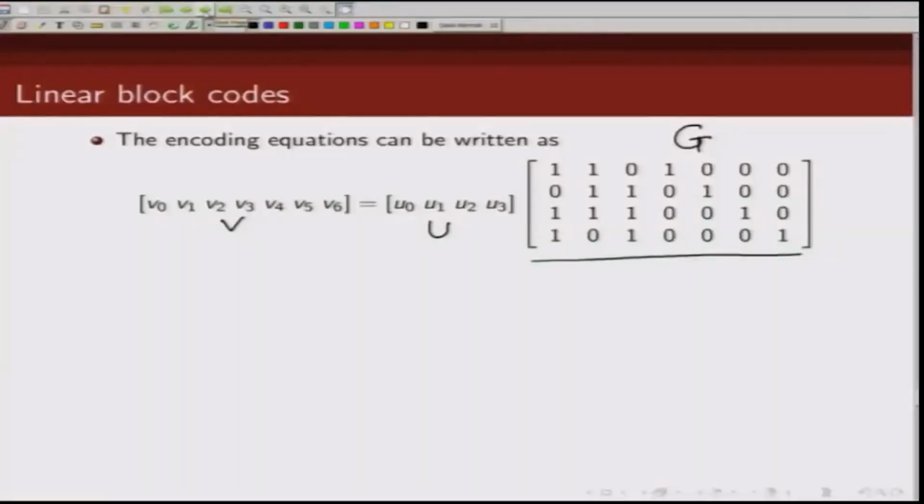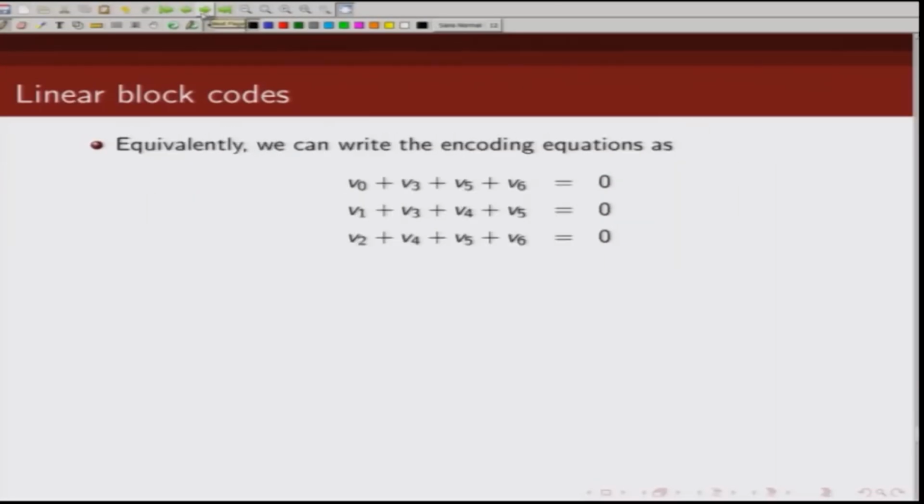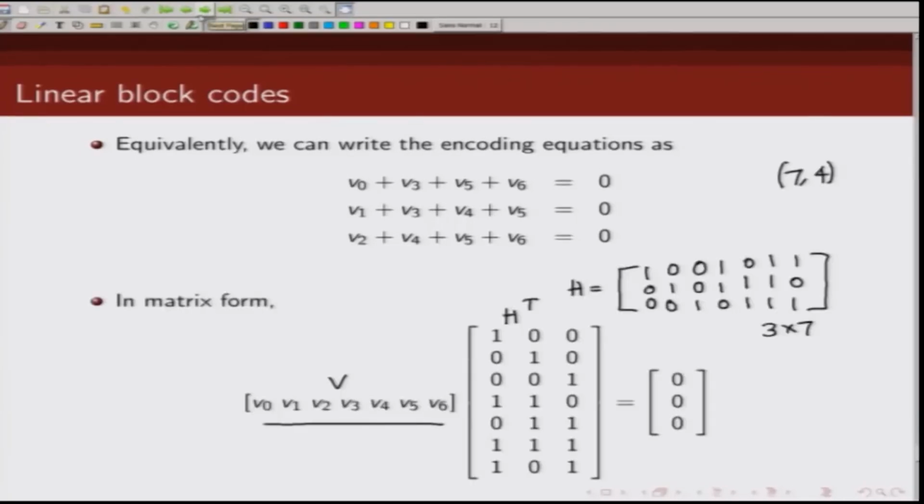So H lies in the null space of G. As we can see, the generator matrix and parity check matrix are related to each other.